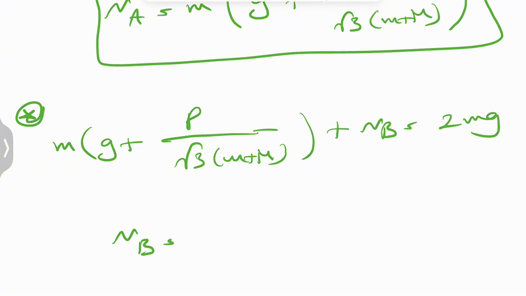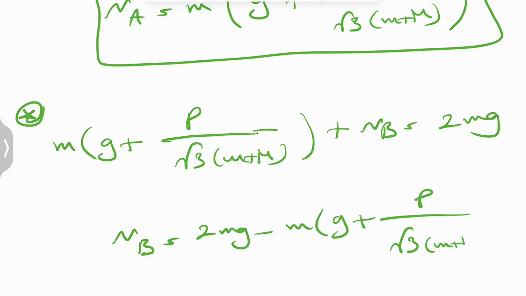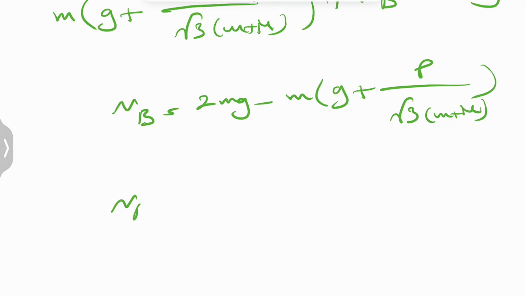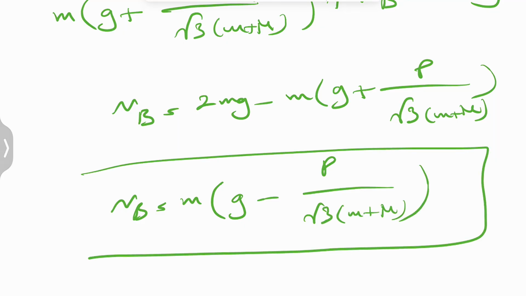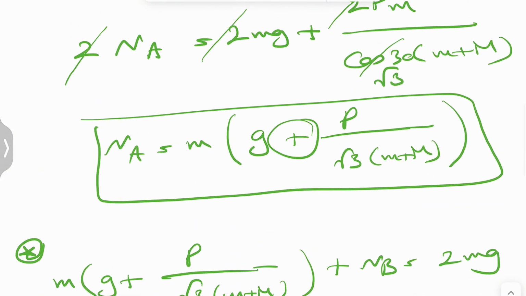So NB would be 2mg minus that term. Now we can factor m in each of these. From the first term, we have 2g minus 1g, which is going to be g, and the negative sign will be multiplied into the other one. So NB would be similar to NA, except we have a negative sign in here, where we had a positive sign for NA.